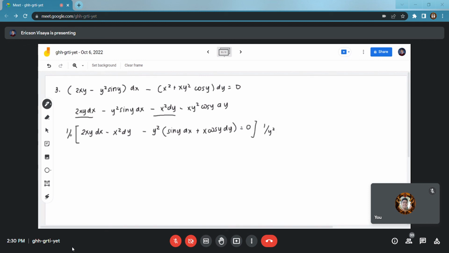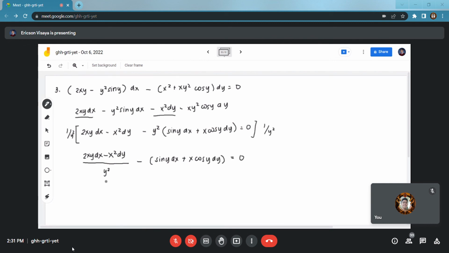1 over y squared, para yan ay 2xy dx minus x squared dy all over y squared. So, minus sine y dx plus x cosine y dy is equal to 0.